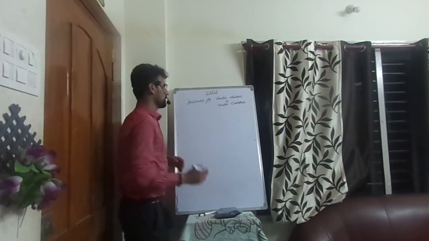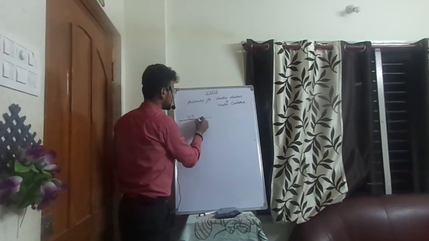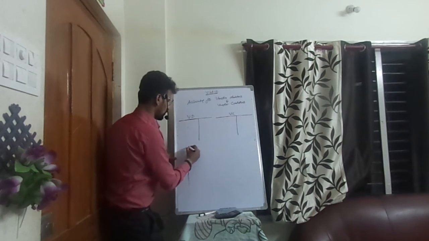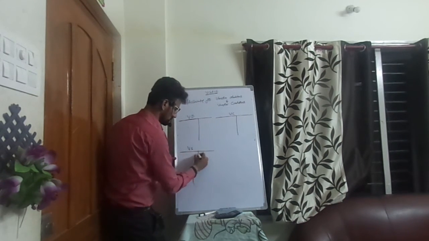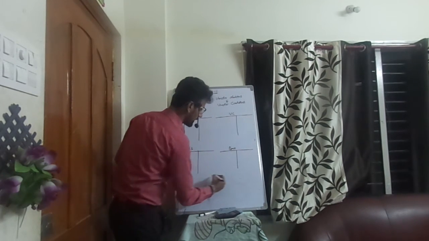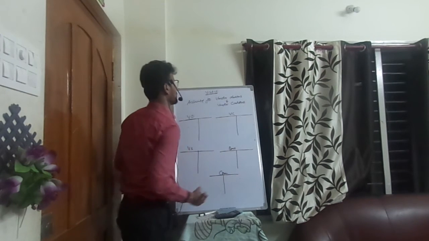We do it by opening various accounts: vendor debtor, vendor creditor, vendor suspense, bank, and finally commission.